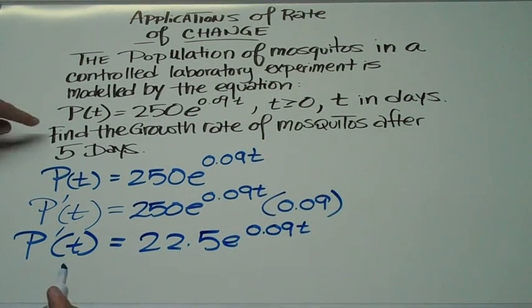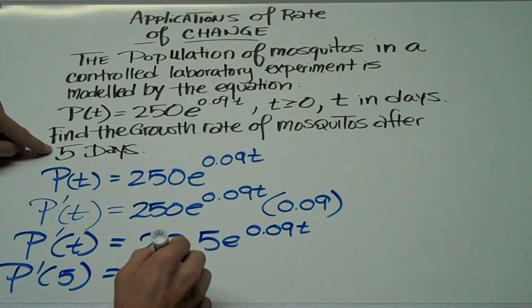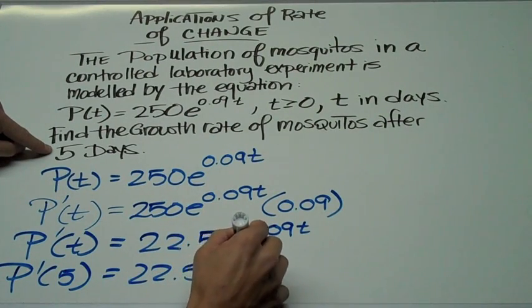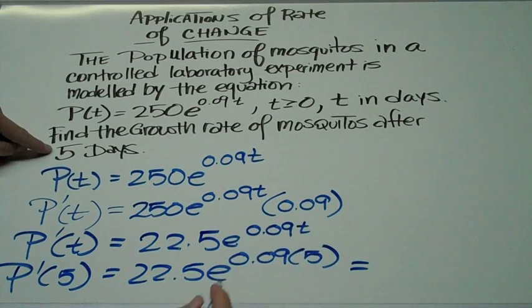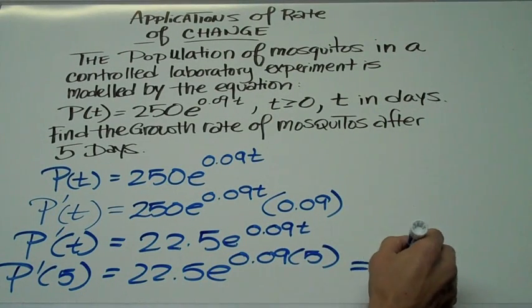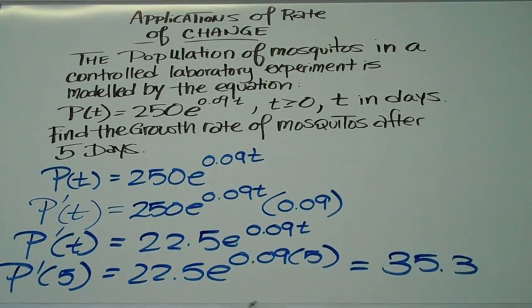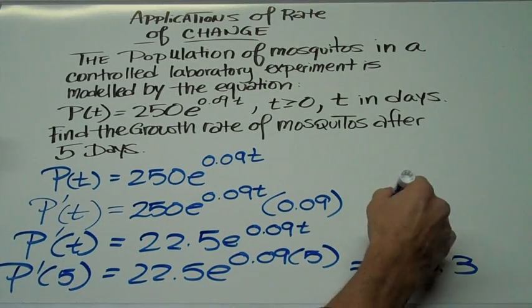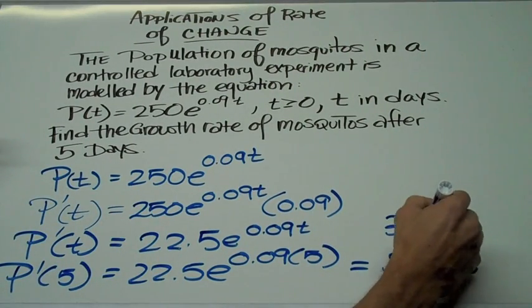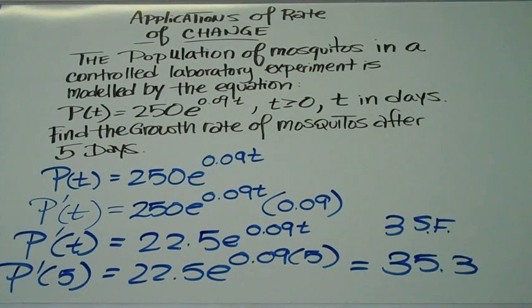Well, that's simply plugging in a 5 for t. 22.5 e to the 0.09 times 5, which ultimately, when we analyze that, we get 35.3. What is that? It's mosquitoes per day. And look at, I've got 3 significant figures in my answer.